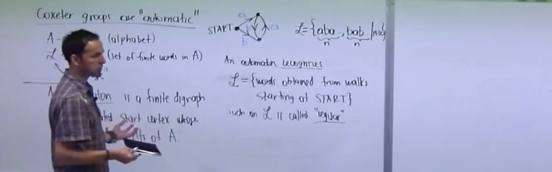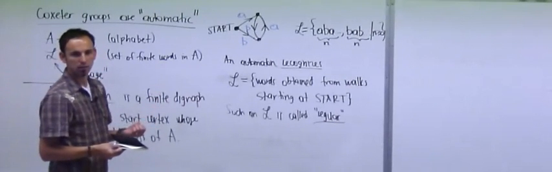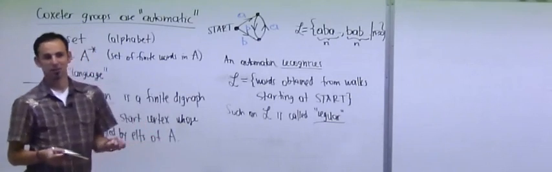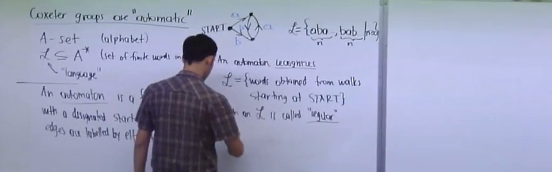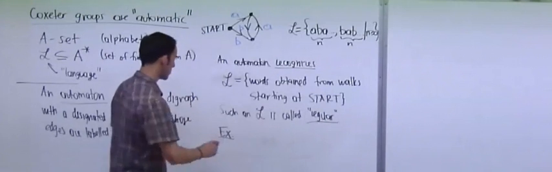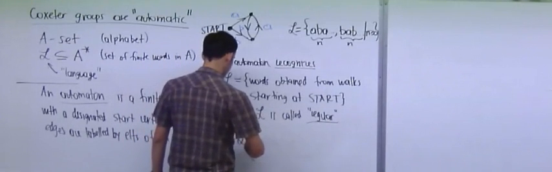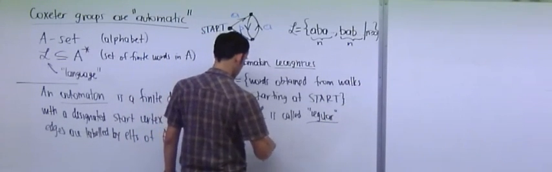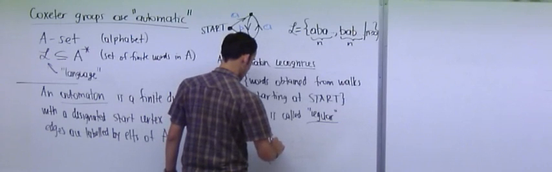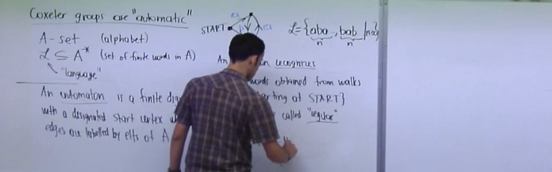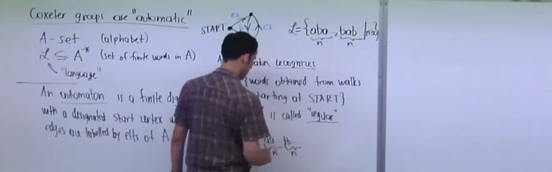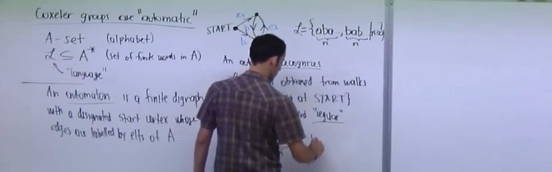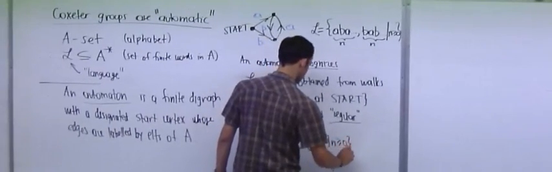And the first question you should ask yourselves is, basically, is every language regular? And you would imagine that if I bother to make this definition, it's because not every language is regular. And so let me give you a simple exercise, which is to show that this language, the language of words of the form A to the n, B to the n, where A appears n times and B appears n times, and you let n range over the positive integers, is not regular.